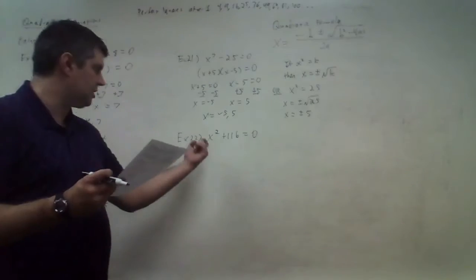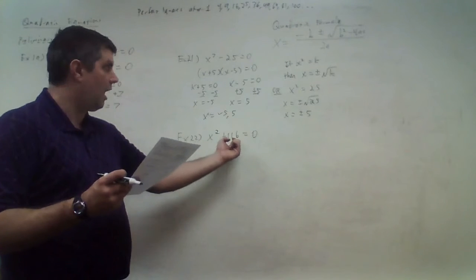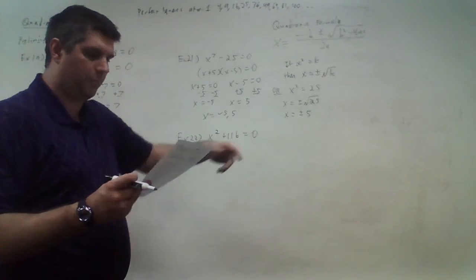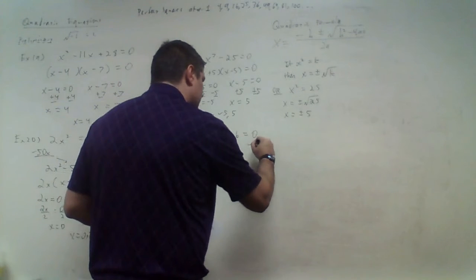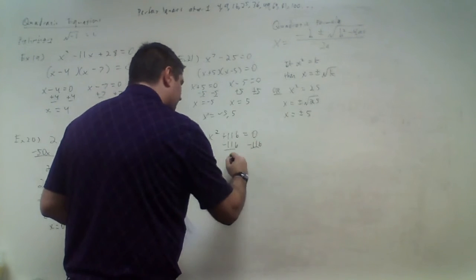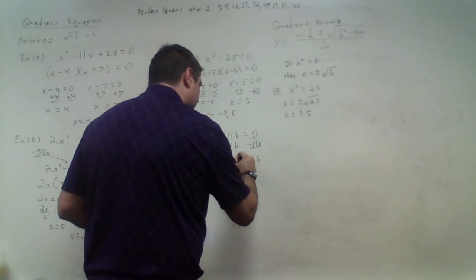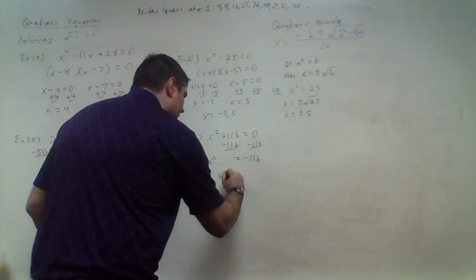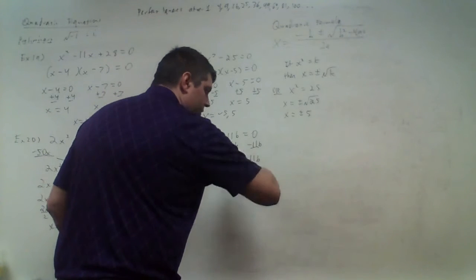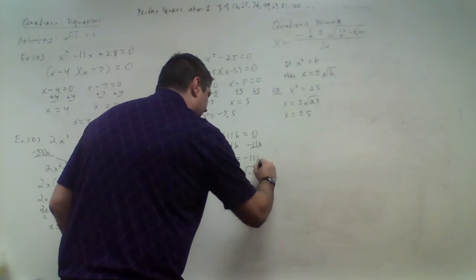So two terms, x squared and a constant. I would use the square root property. So we want to get the x squared by its lonesome. X squared equals negative 116. So x itself equals plus or minus the square root of that negative 116.